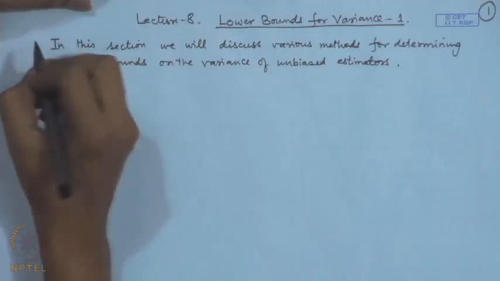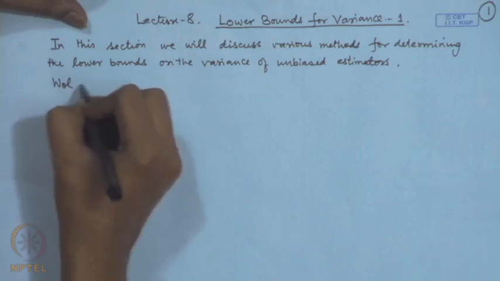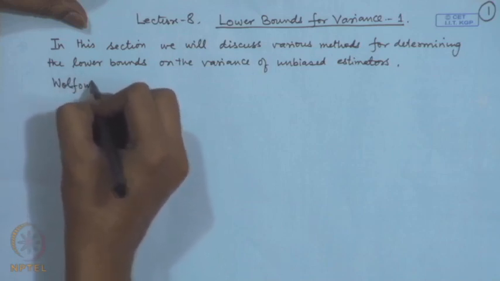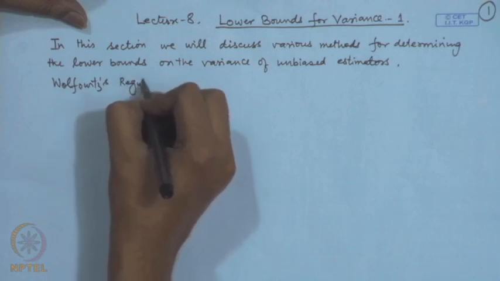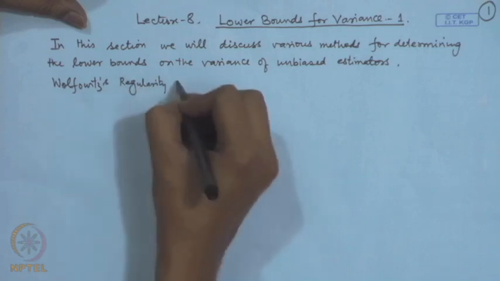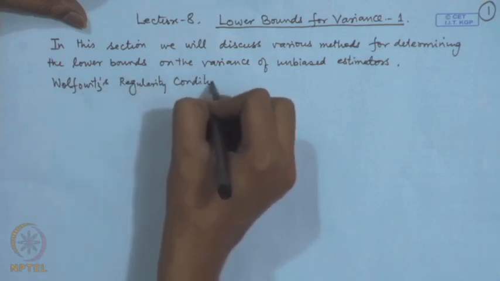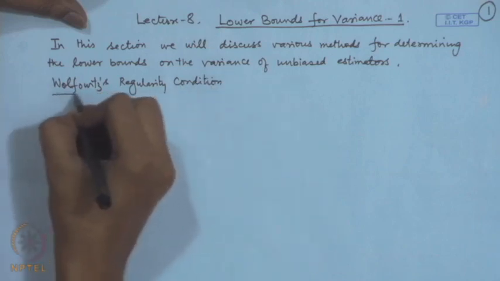Now, once again, in order to prove this, we need certain regularity conditions. They are known by the name Wolfowitz regularity conditions, named after the statistician Jacob Wolfowitz.